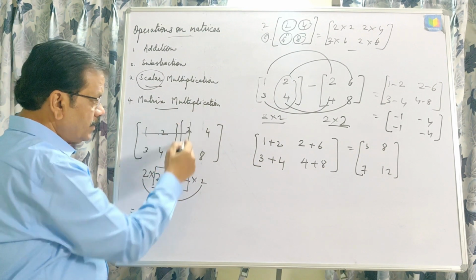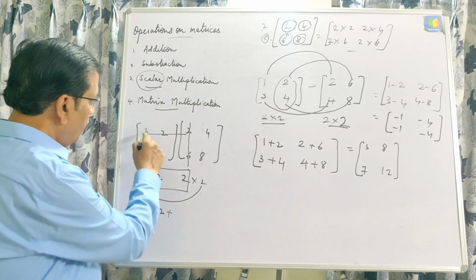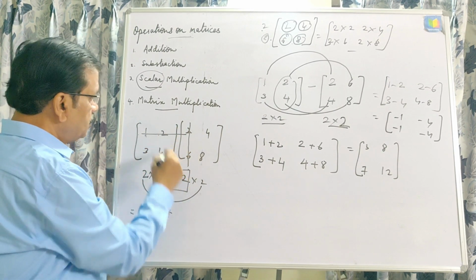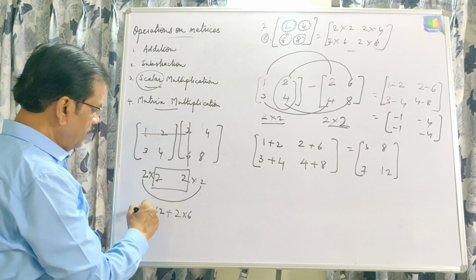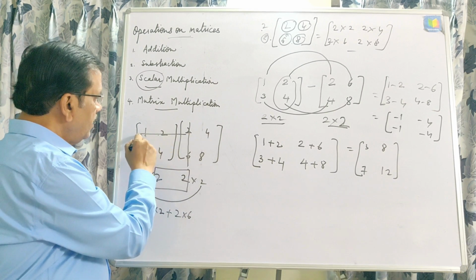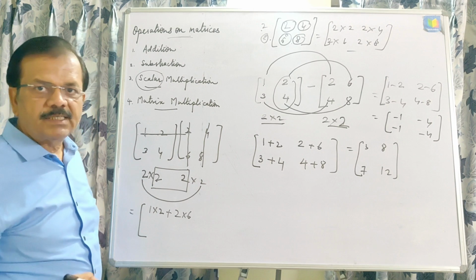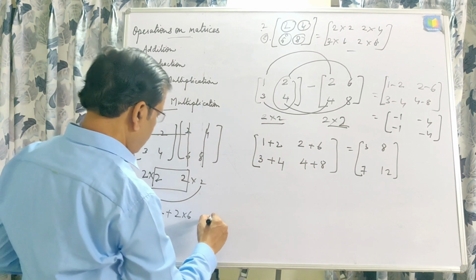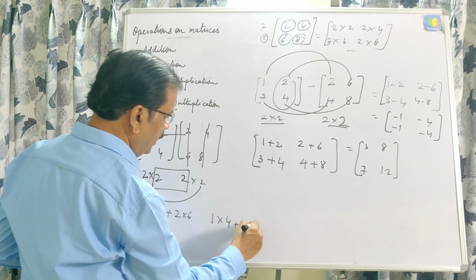First row, first column, corresponding elements multiplied and added. 1 multiplied by 2 plus 2 multiplied by 6. This is for the first element. Now for the second, first row, second column, corresponding elements are multiplied and added. That is 1 multiplied by 4 plus 2 multiplied by 8 for the second.